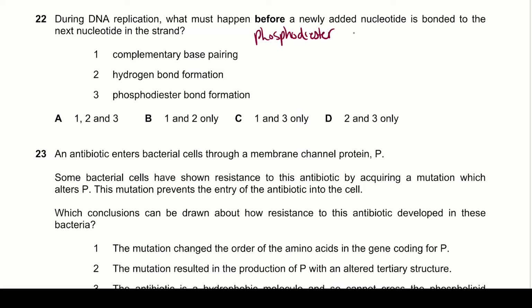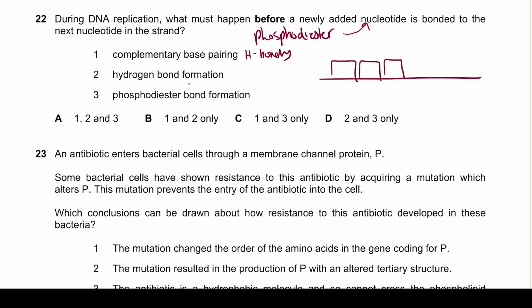And this is the bond formed between the two nucleotides. Before they are formed, actually, complementary base pairing must first take place and join together by actual hydrogen bonds first. So they are bonded together by hydrogen bonding.